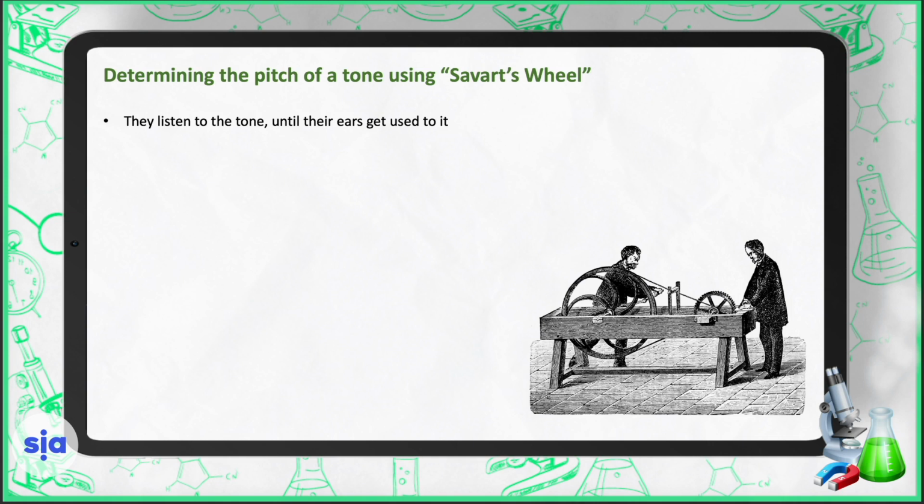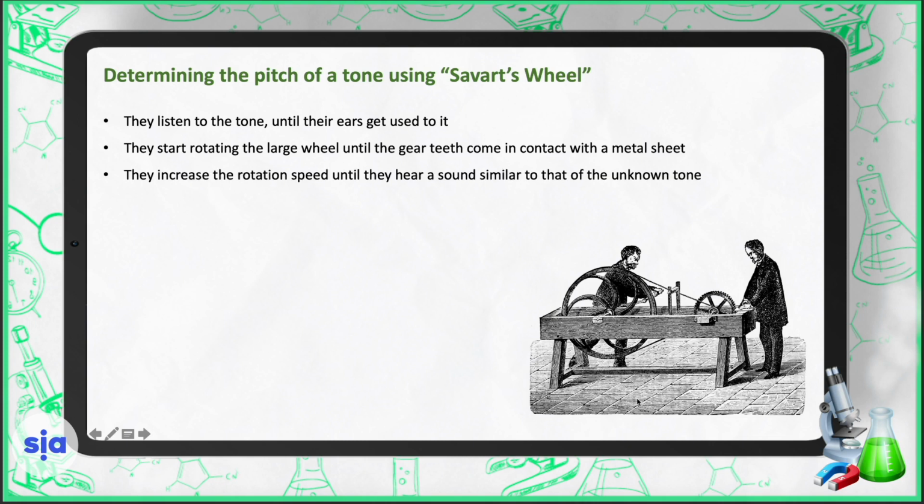How does Savart's wheel work? First of all, they listen to the tone until their ears get used to it. And then they start rotating the large wheel until the gear teeth come in contact with a metal sheet. They increase the rotation speed until they hear a sound similar to that of the unknown tone.